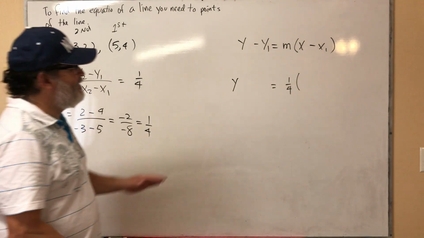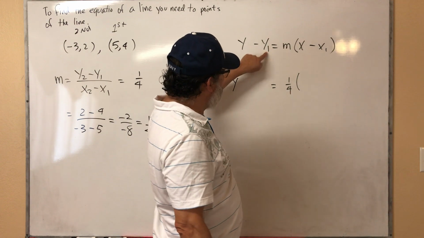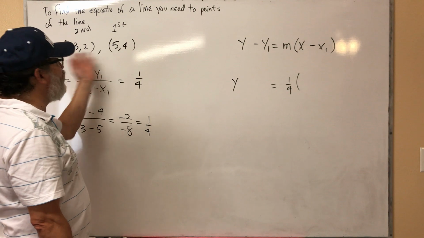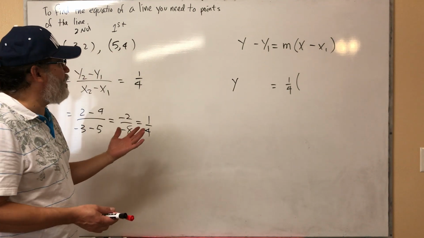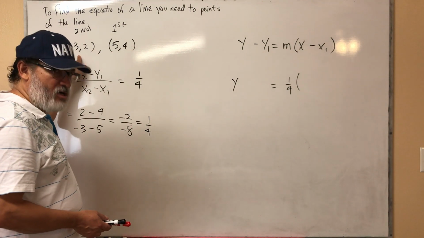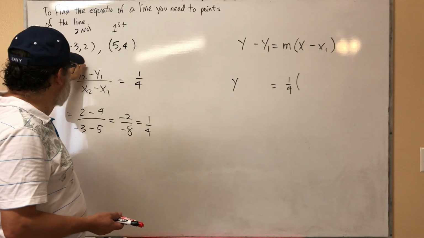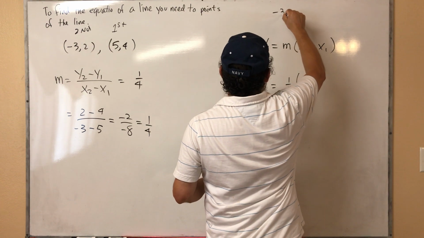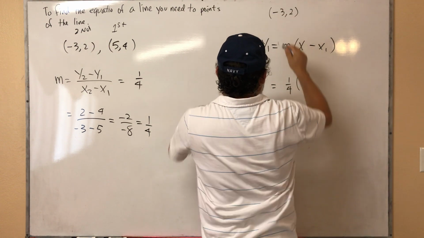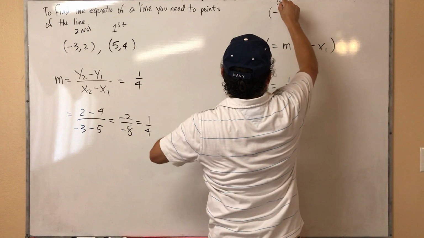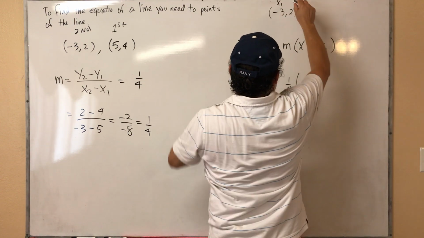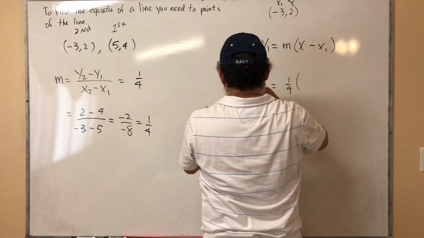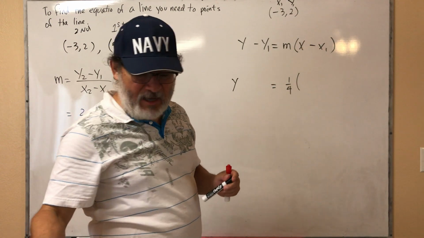Now, this is the variable, and this is going to be one of the points that you pick. Which point do you want to pick? Doesn't matter which one, okay? You want to pick this one? Sure. If you pick this one, then this x1 is going to be -3, and this y1 is going to be, well, I don't like that one.